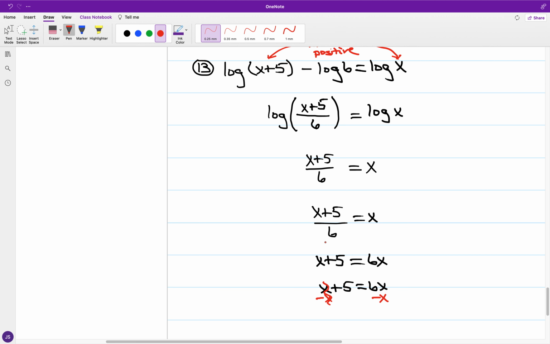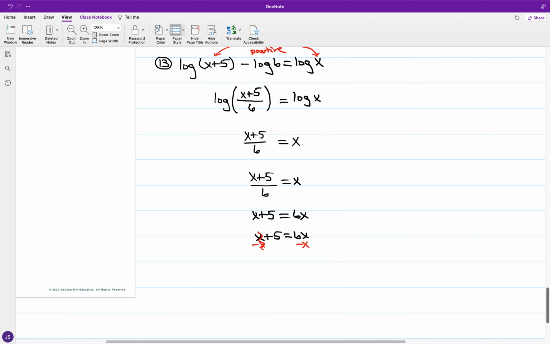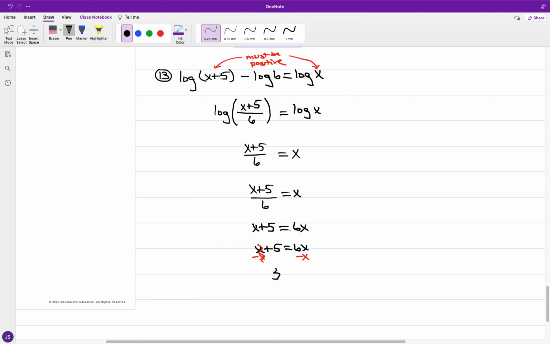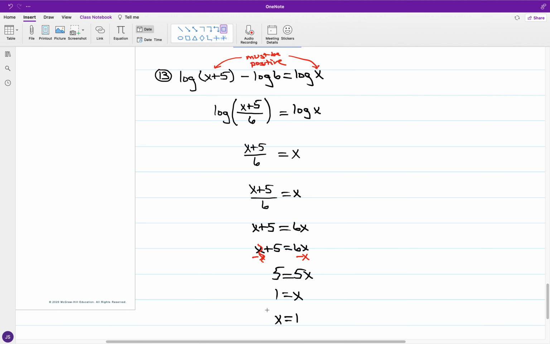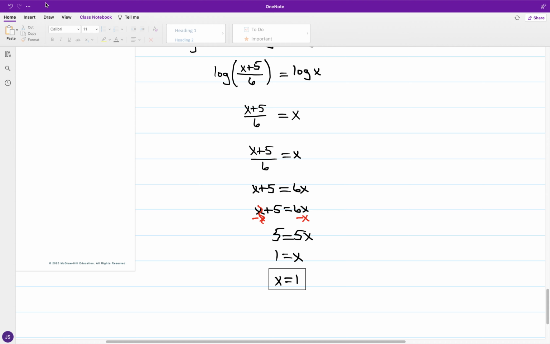And combining variable terms together, we have that 5 is equal to 5x, and we'll have that 1 is equal to x. And so going back, 1 plus 5 is 6, and x is 1. Both values are positive. And so we're going to have that x is equal to 1.